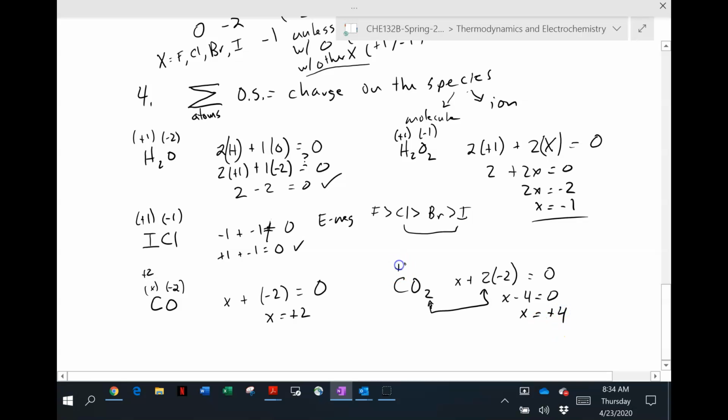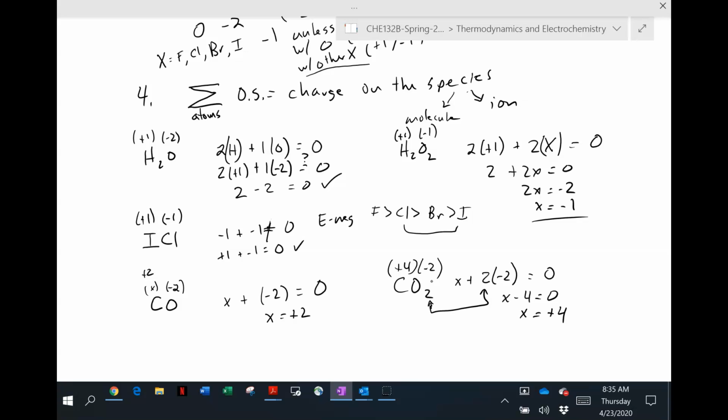So in this case, the carbon is in a higher oxidation state in CO2 compared to carbon monoxide, where it's in the plus 2 oxidation state. And of course, these two compounds have very different properties, so that's explainable in part by their oxidation state of the carbon.